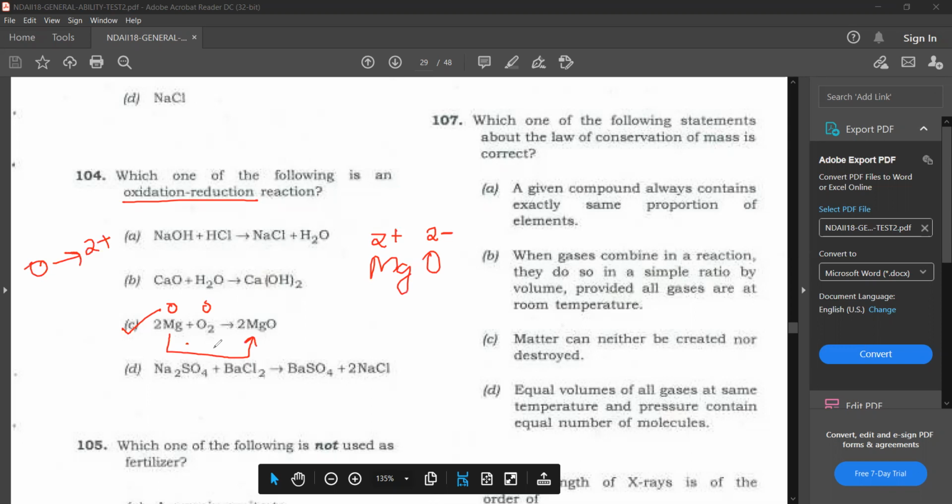While oxygen is undergoing reduction because its oxidation number is changing from 0 to 2 minus. So both oxidation and reduction are happening. This is the correct answer, option C. That is the redox reaction.